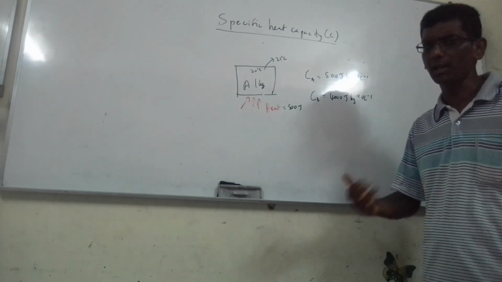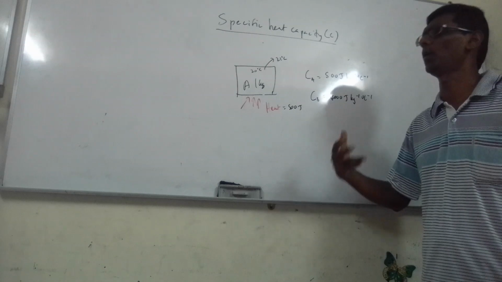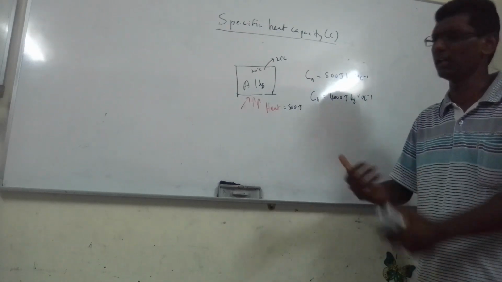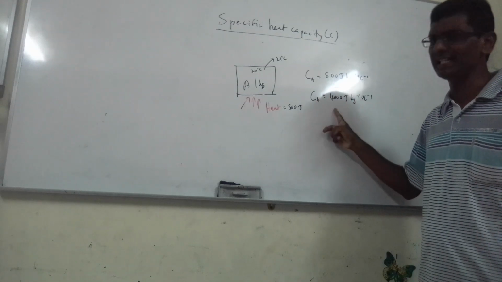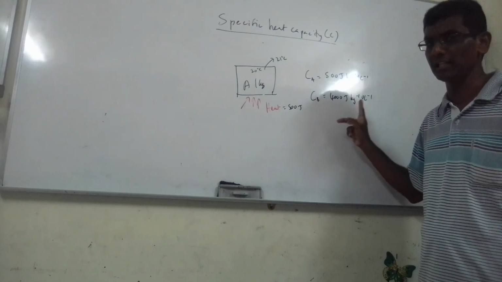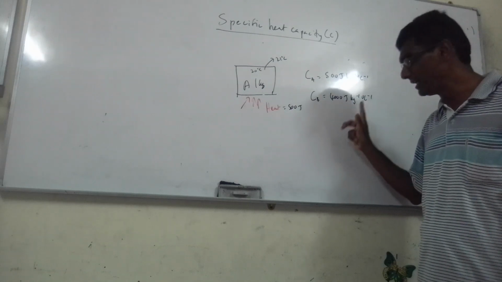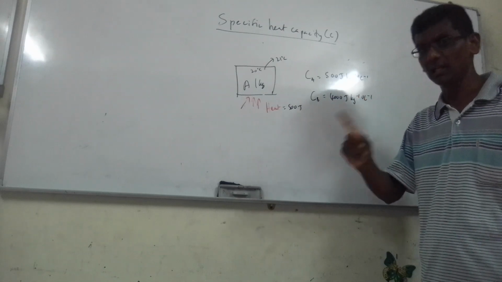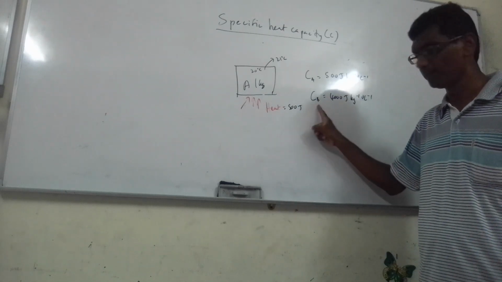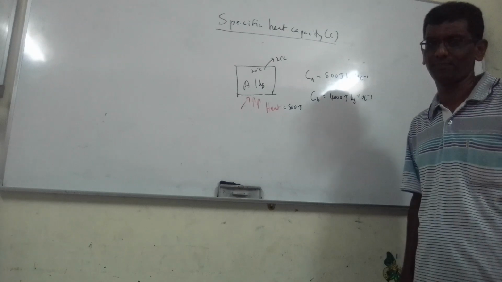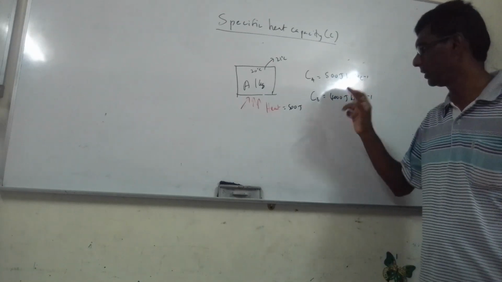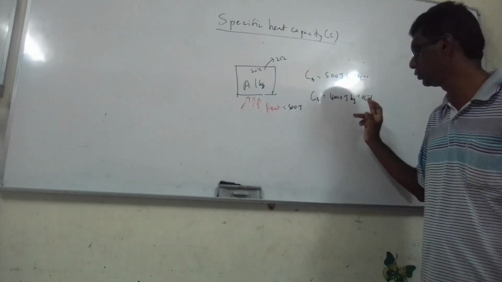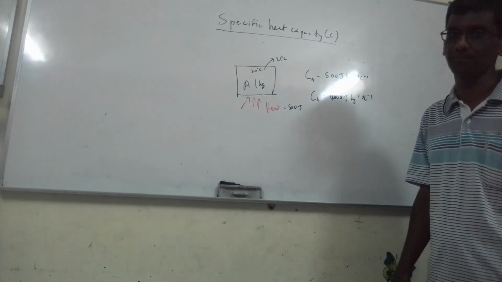It's an easy way. 4000 joule of heat energy is required to increase the temperature of 1 kilogram substance B by 1 degree Celsius. That is the meaning of specific heat capacity, 4000 joule per kilogram per degree Celsius.